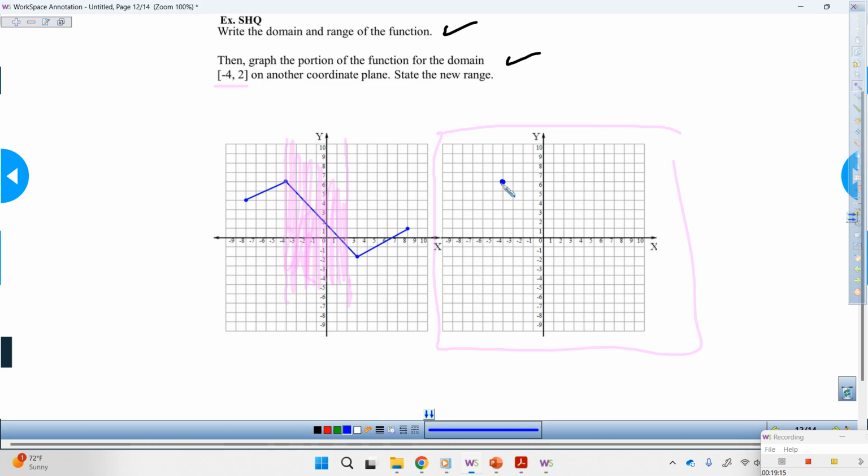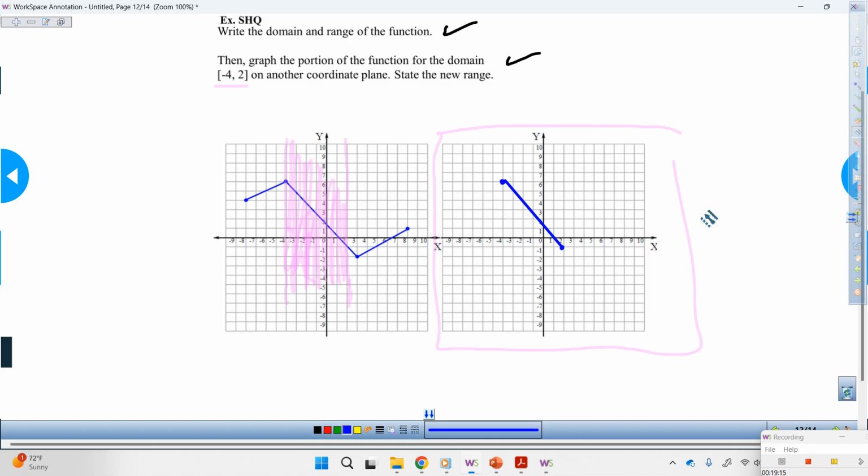And where does it end? 2, negative 1. Let's see. Hands if you agree with that. Oh, it's frozen? Oh, my bad. Let it go. Hands if you agree with something like that.